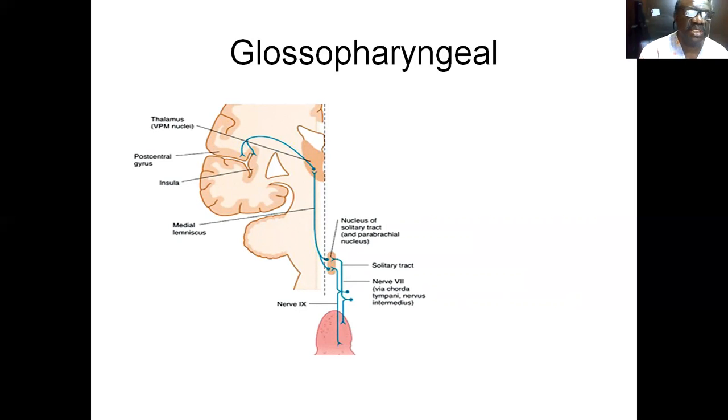And you can see the distribution to the tongue, and that is the anterior part of the tongue.